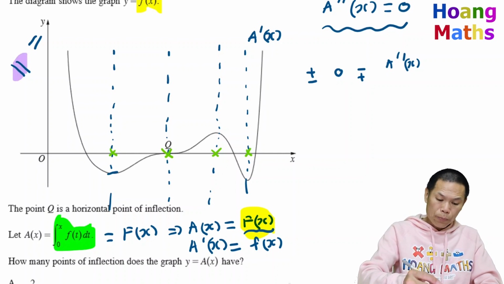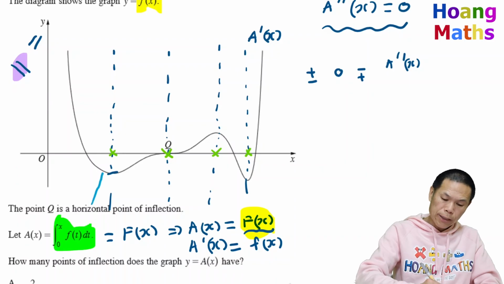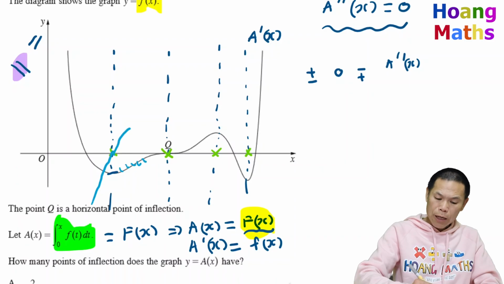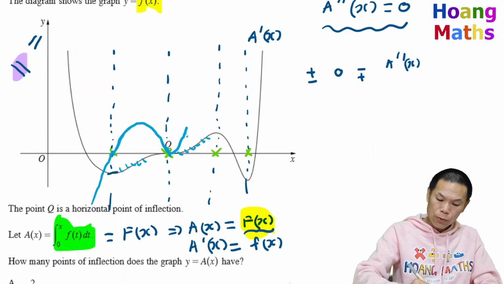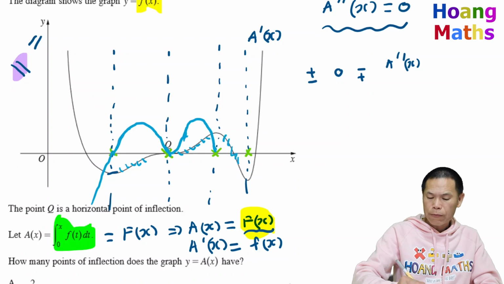So we start from the bottom, we hit 0, and then we go positive because these are positive gradients, and become 0. Then we head down, and this one here is positive again, so we have to turn up. It's a turning point there, and then 0. So we head down to 0, and then we go further negative, and it becomes 0. So we go down, we go up, and this is positive gradient, so we just go like this.